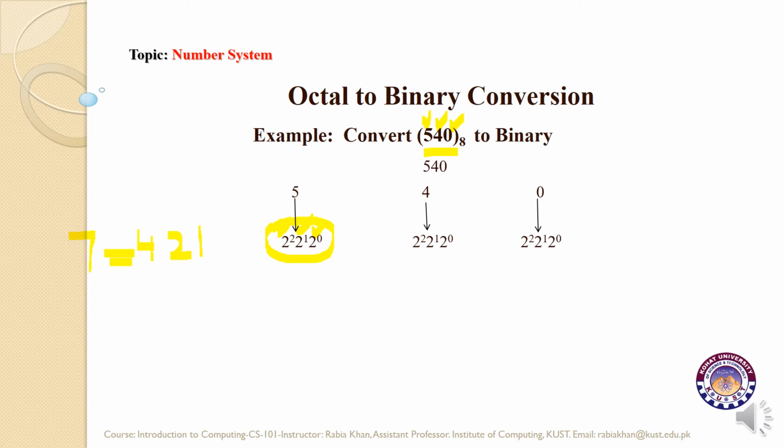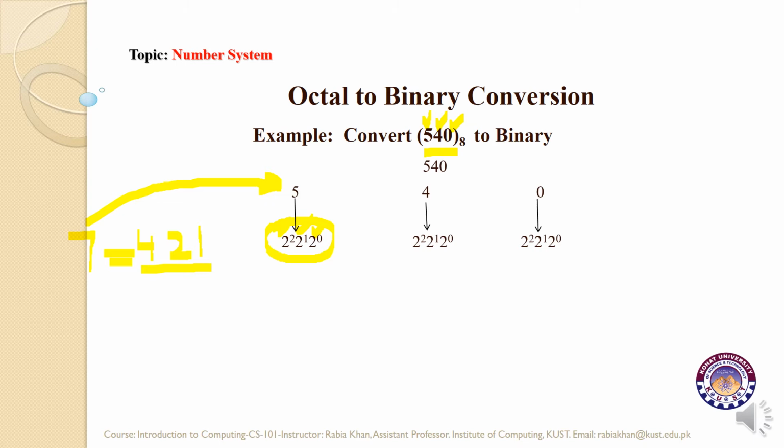But the number given is 5. That means some of the bits in this group will be off and some will be on in order to generate 5.